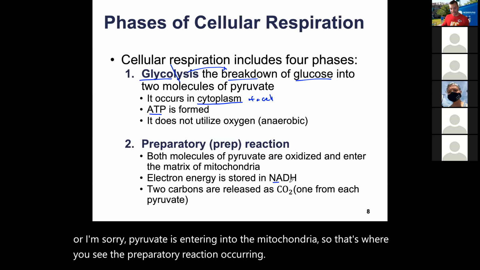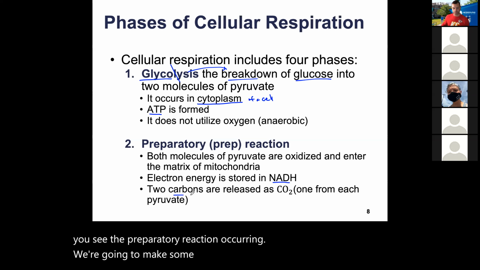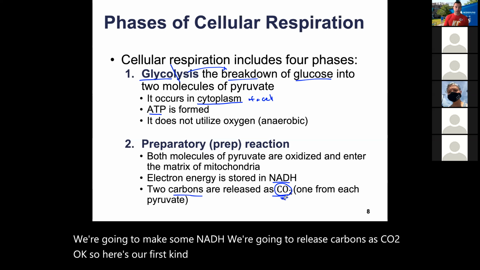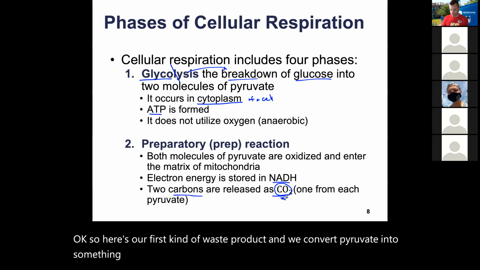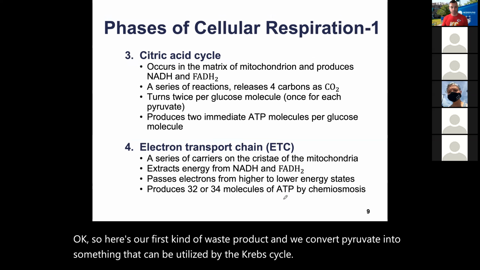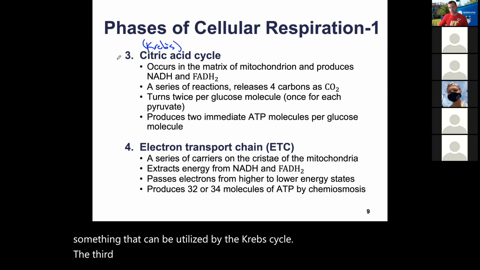We're going to make some NADH. We're going to release carbons as CO2. So here's our first kind of waste product. And we convert pyruvate into something that can be utilized by the Krebs cycle. The third phase, or the third step in cellular respiration, is going to be the Krebs cycle.